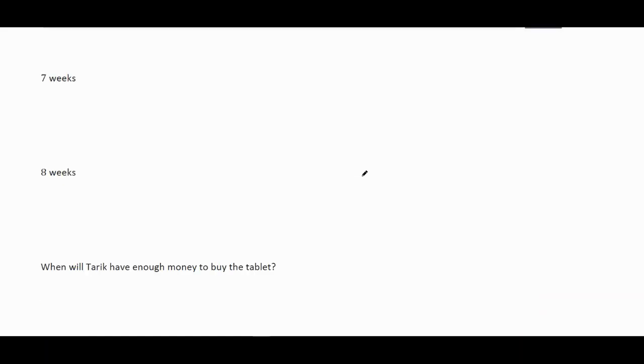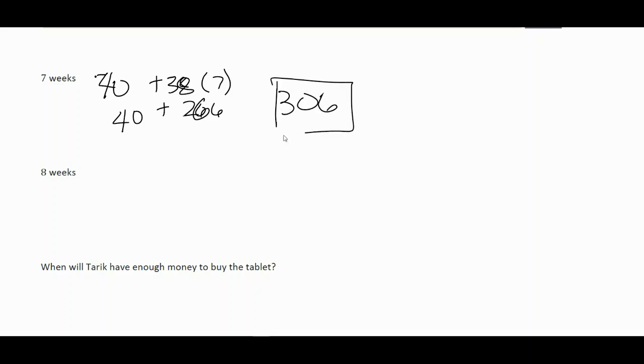But just to continue in doing our work, let's do this one. We're going to have 40 plus 38 times 7. So 38 times 7 is 266, and 40 plus 266 is of course 306, which is already more than enough than what we are looking for.